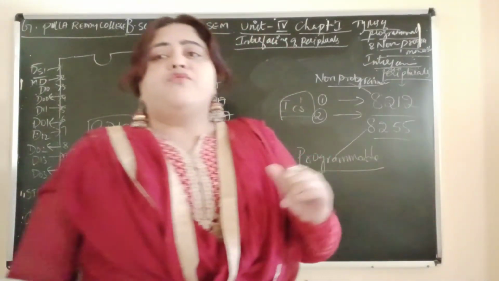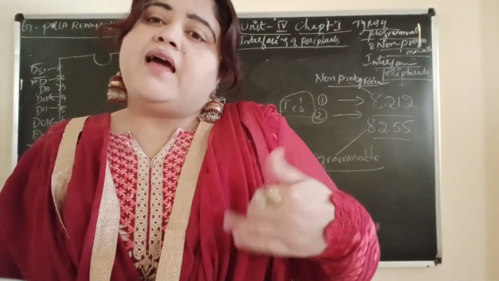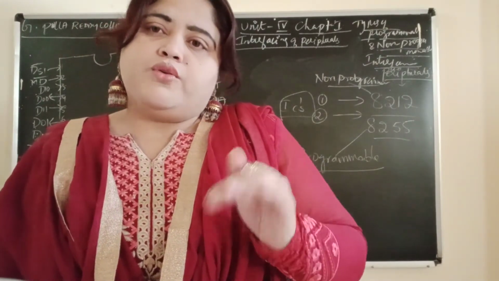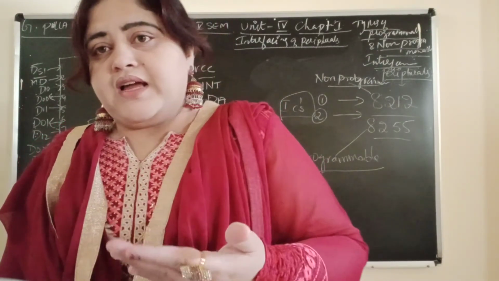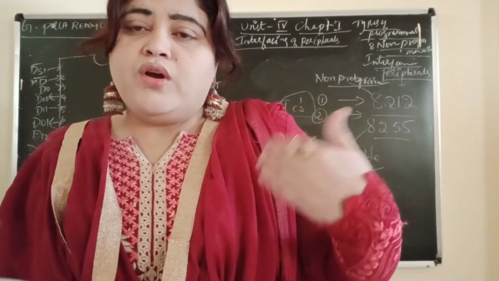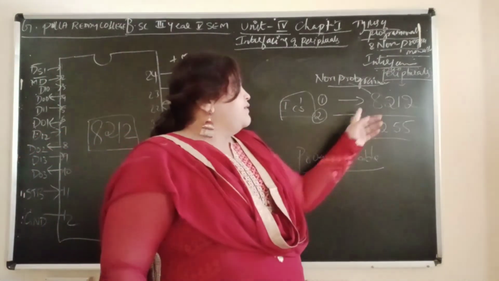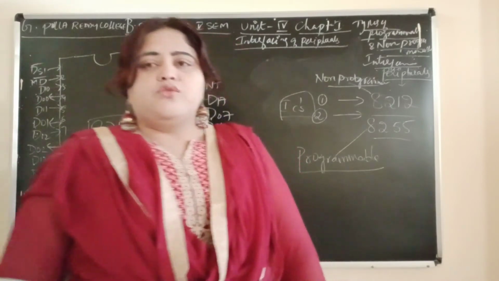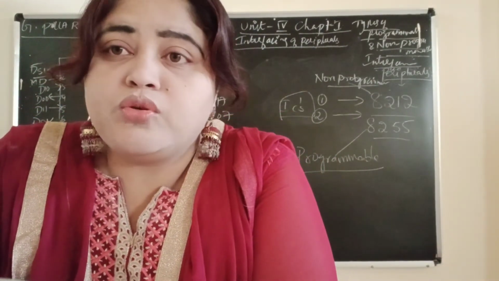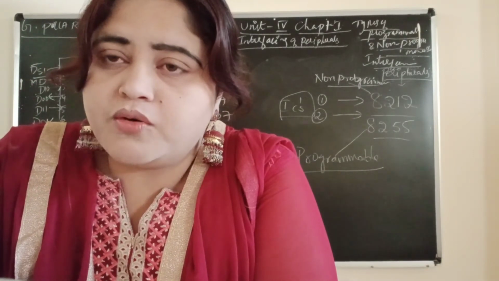Out of these two ICs, one IC is non-programmable and one IC is programmable. That means for the 8255, the user can write a program and make the IC do what he wants, working according to the user by programming. But the 8212 is not a programmable IC, so the user cannot write a program for it and cannot use it as they wish.